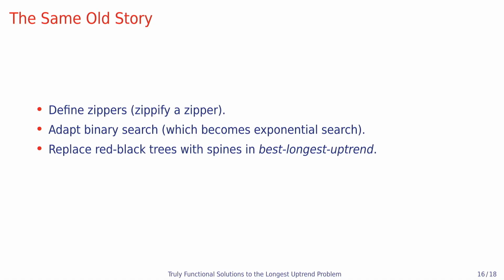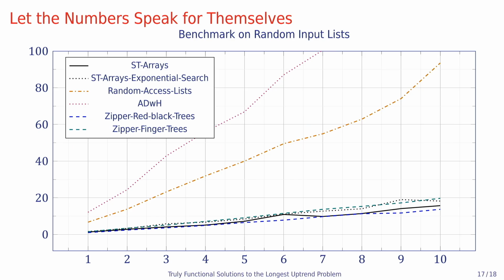Our initial problem was that we wanted a real-world fast implementation. Did we succeed? Here are some benchmark numbers, the same benchmark again, but now with some other implementations. The black line here was the imperative solution, and this one was our initial failed attempt.